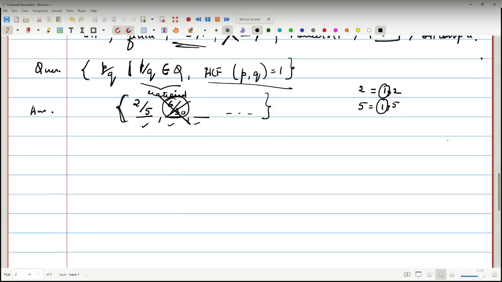Rohit, now you please tell me, can this be an element of this set? Is it a rational number? Yes, sir. It can be. Why? The first thing you said was right, it is a rational number. But what more?